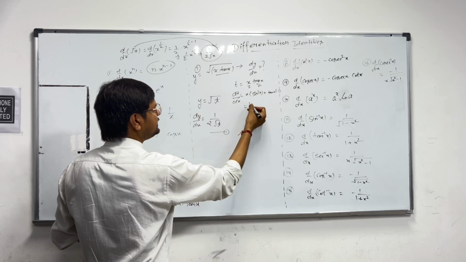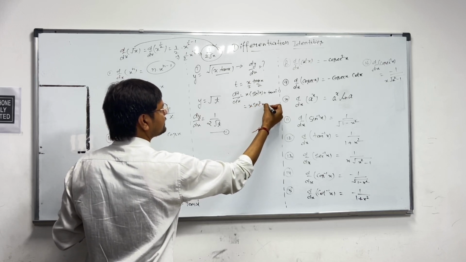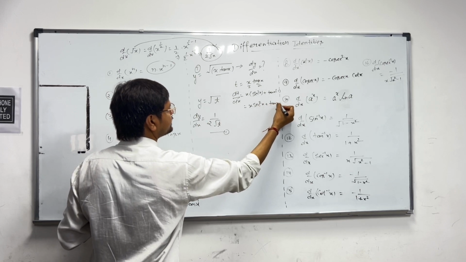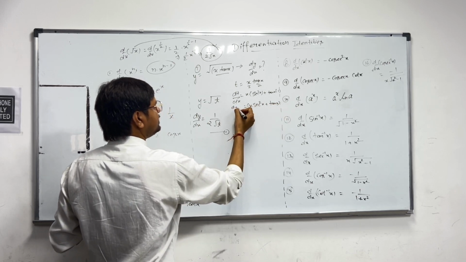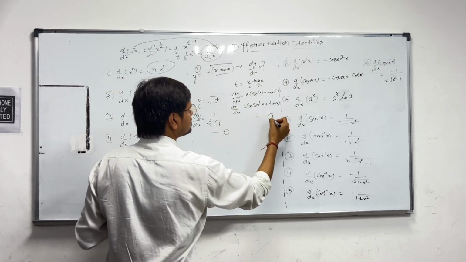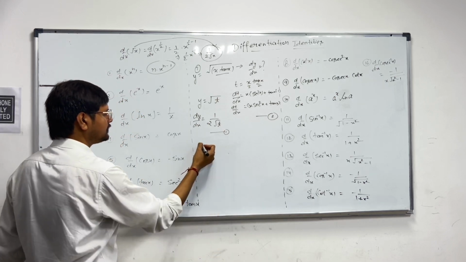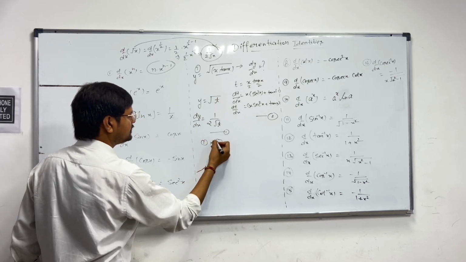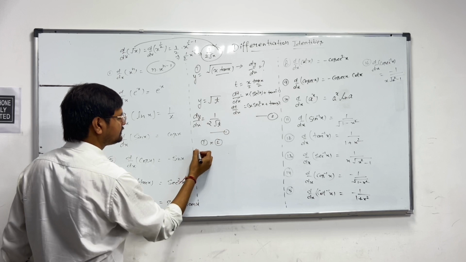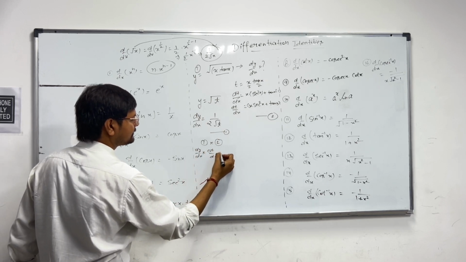Okay, so dt over dx will be x sec square x plus tan x. Got it? This is dt over dx. So we can select equation number 2. Here it is 1 and there it is 2. So if we find the product of both equations, dy over dt into dt over dx.